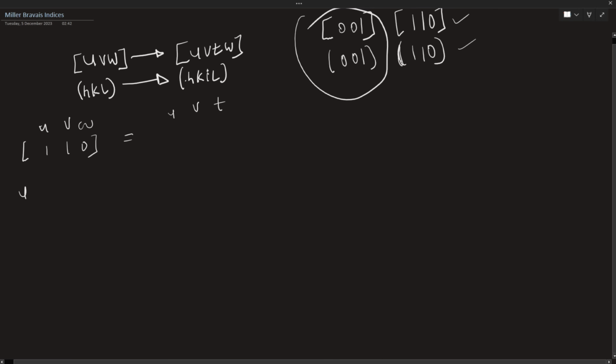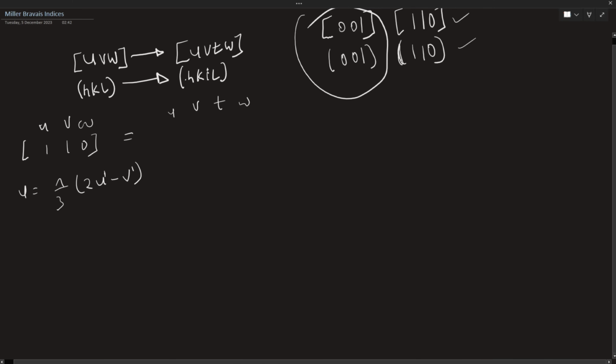v, t, and w. So our u is equal to n over 3, open bracket 2u initial minus v initial, close the bracket. Also our n is equal to 3 because we got 1, 2, 3.